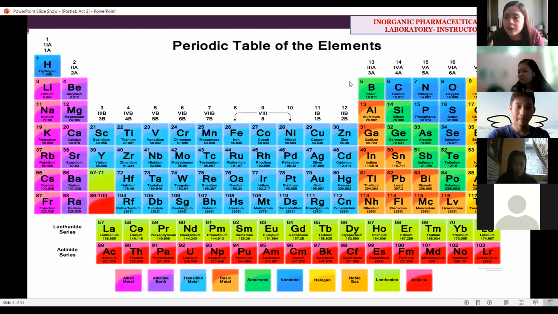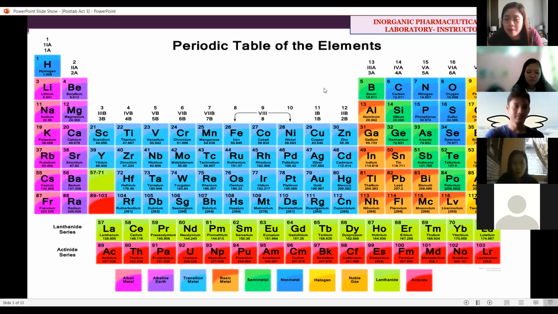Pero wala ko nag-ingon nga i-memorize ninyo ang atomic number ug atomic mass. Ang gusto lang nako name sa element and then the symbol so that when we are asked to either name the compound or make the chemical formula, it will be easier for us. So mao na inyong task karon.